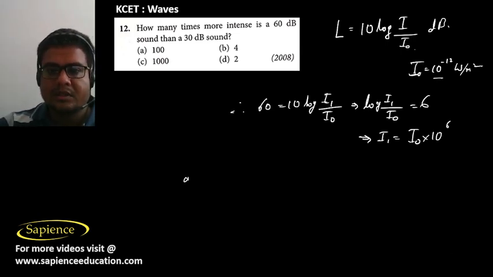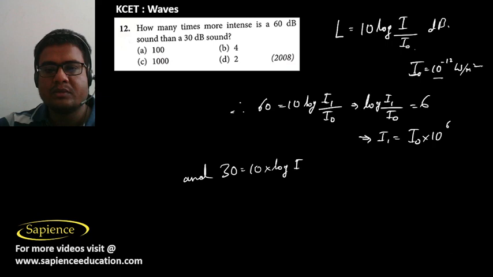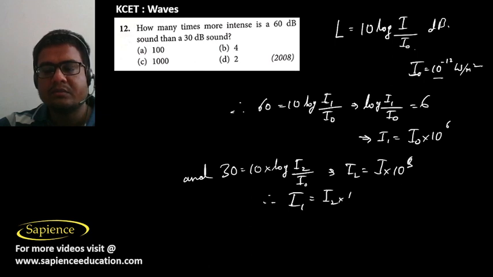Then 30 decibel means 30 equals 10 into log, suppose I2 by I naught. It means that I2 will be equal to I naught into 10 power 3. Therefore I1 is equal to I2 into 10 power 3.